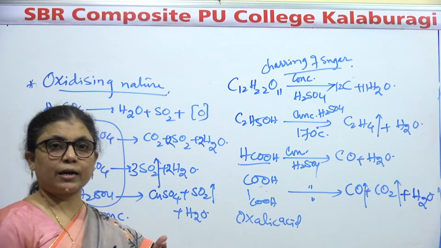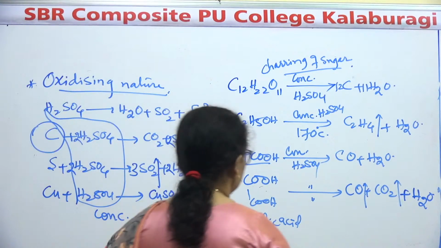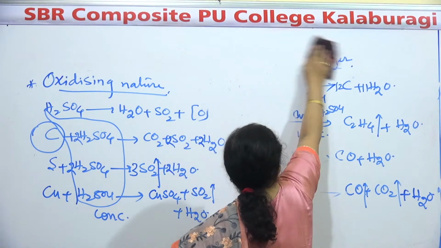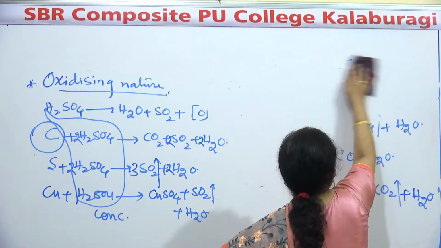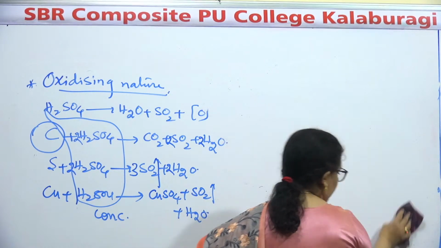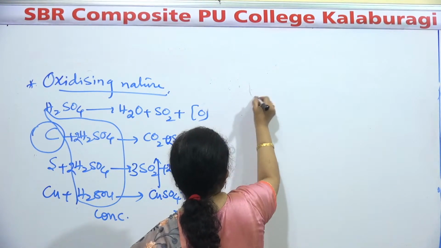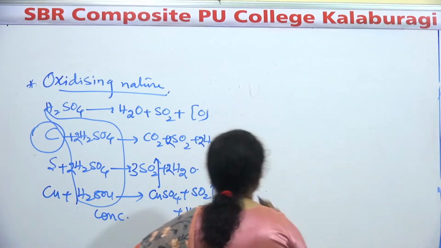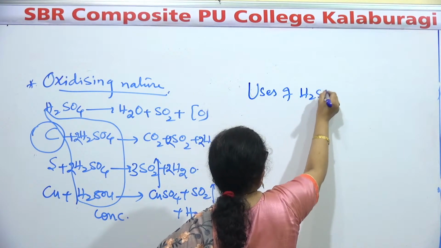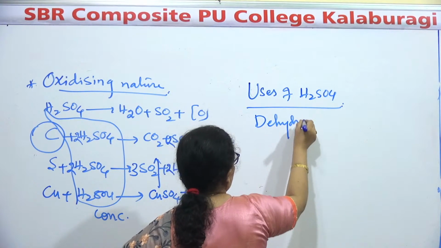Uses of sulfuric acid. As we said just now, it can act as a dehydrating agent.